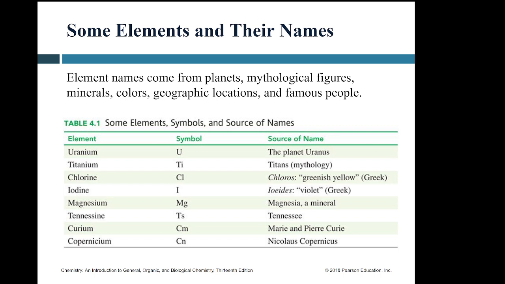So the element names come from all sorts of things: planets, mythological figures, minerals, colors, geographic locations, famous people. Basically, there's a committee that does the naming. Funny enough, committees of scientists are like kids. I'm not joking. You get enough smart people in a room, and it starts sounding like a bunch of 3-year-olds arguing.